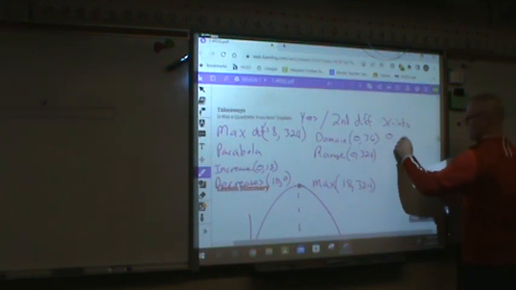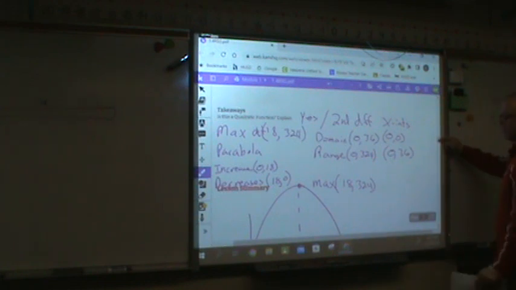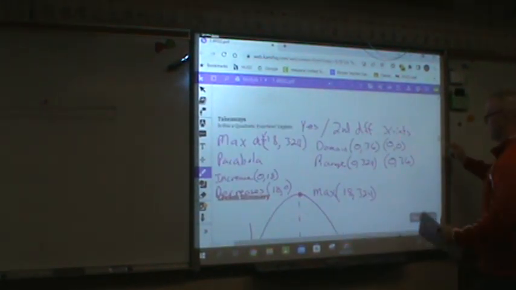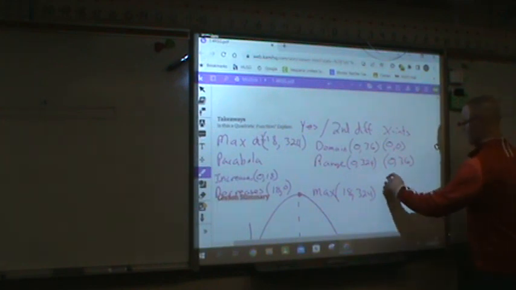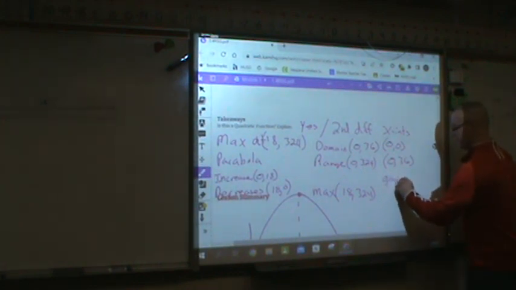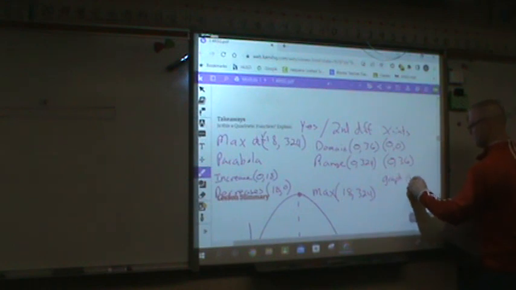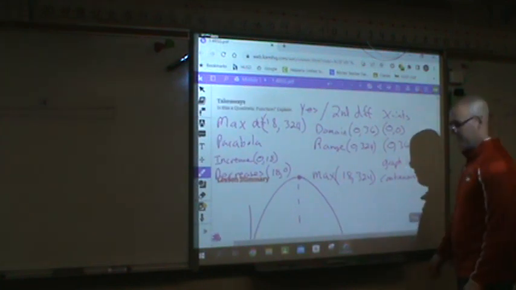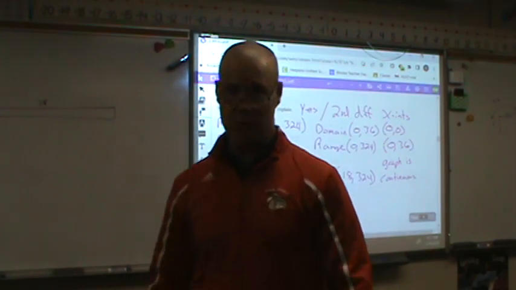The x-intercepts are 0, 0, and 36, 0. You can see that right down here. We'll see how those play back into our equation a little bit later. The graph is continuous. All right, those are just all some notables. There might be a couple more in there, but that's it for this video. Okay, ask questions as you need to.